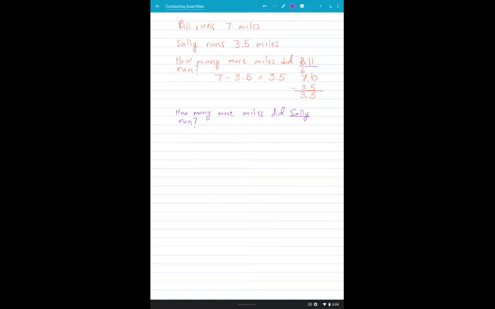And in a situation like this, it will be 3.5 minus 7. This is the opposite of this problem.